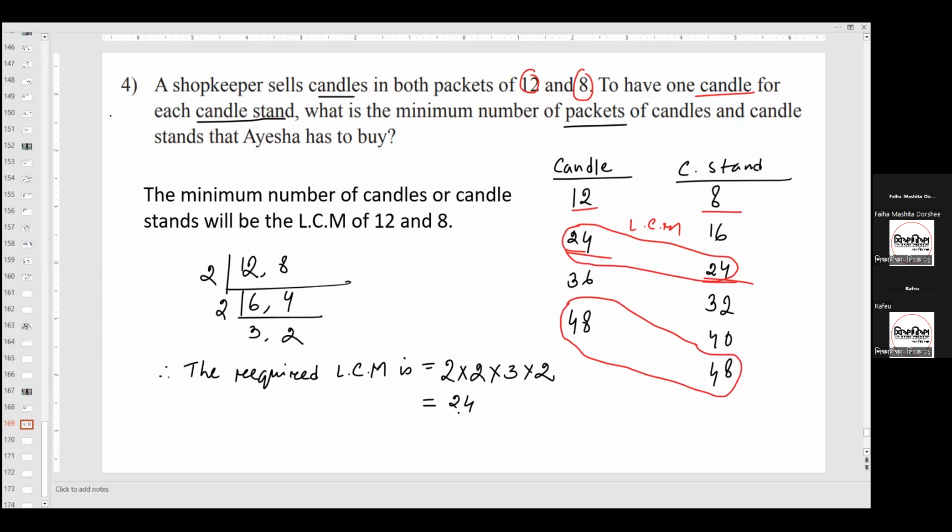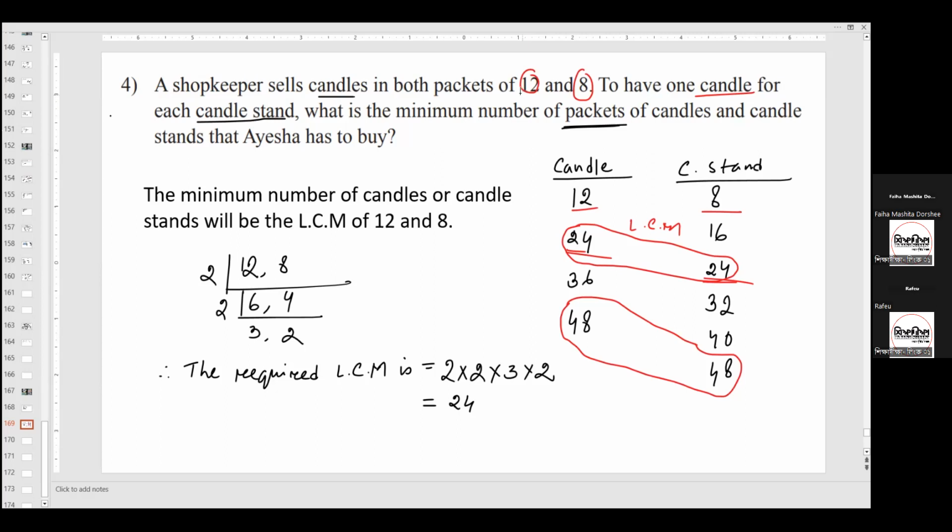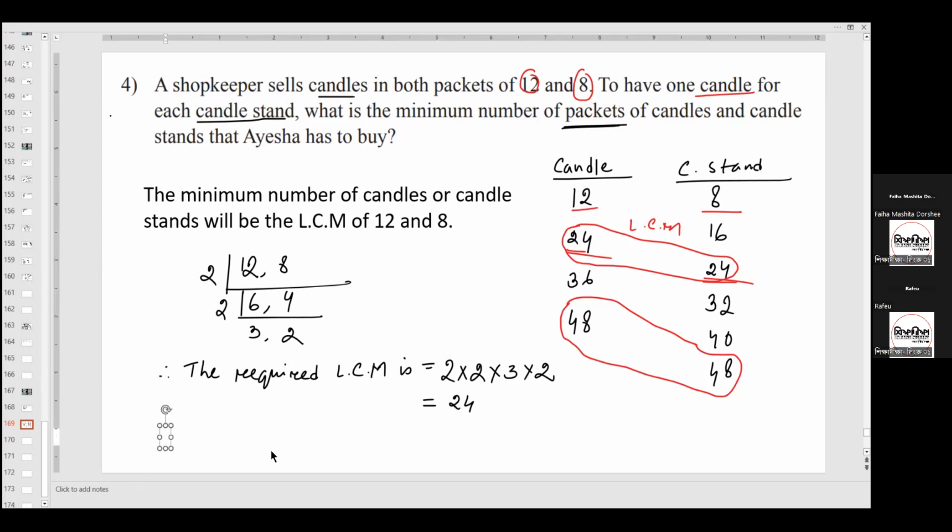Now, but this is not actually our ultimate goal. Our ultimate goal is to find the number of packets for candles and candle stands. So now we have to divide 24 by the number of candles in each packet, 12, to get the number of candle packets. So the number of candle packets is 24 divided by 12. I used this sign because there is no division sign here, and inserting a symbol is a hassle, you use the division sign.